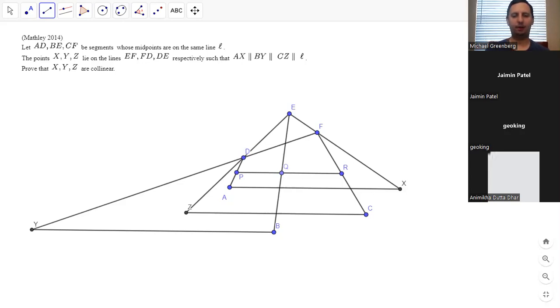But yeah, all these parallels, I feel like it has to be something with projective geometry, like projecting. Maybe there's a way we can reframe this problem, like showing two cross ratios are equal. Yeah, I want to reframe it that way.